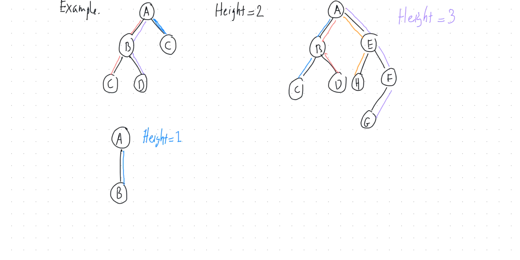Okay? Now, even simpler than this is a binary tree with only one node, A. Now, in this case, you can argue that A itself is the root and the leaf, right? Because it doesn't have any incoming edges, so because of that, it's the root.